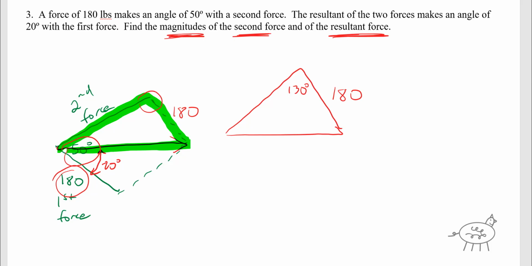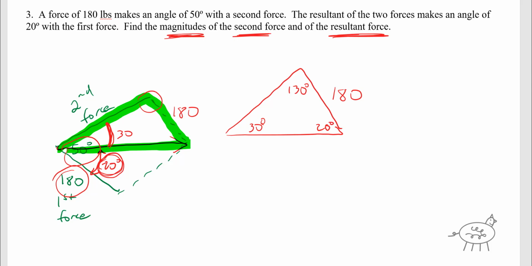Do you guys agree if this is 20 degrees right here, that's 20, and the whole thing's 50, this angle right here is going to be 50 minus 20, which is 30? So that's 30 degrees. Perfect. That's all we really need now, because if that's 30 and that's 130, do you guys agree that's 160?